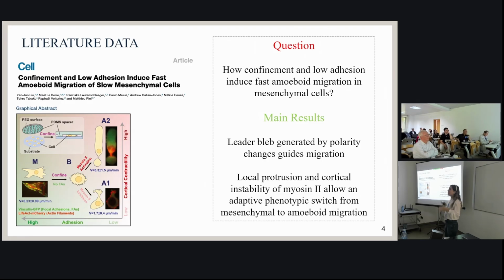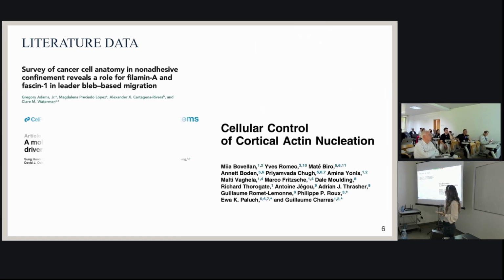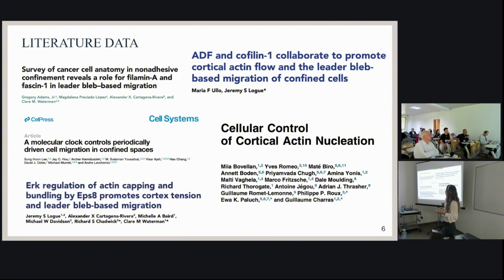So they concluded that cells under confinement are able to switch their mechanisms from mesenchymal to amoeboid migration. There are other studies in the literature showing the importance of proteins and mechanisms in these two types of migration, but this is not our point.